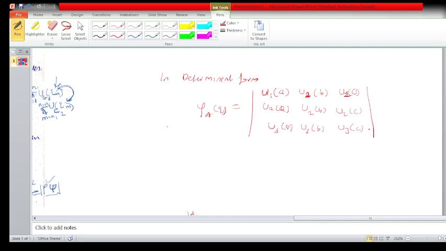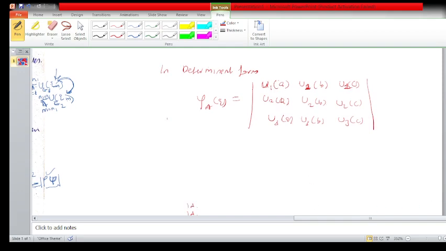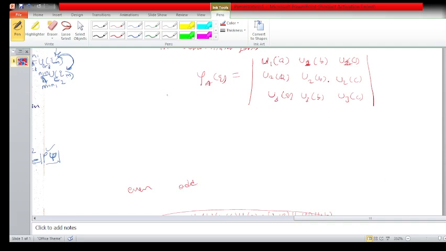So this is the determinant. Now if you calculate this determinant, that will give you the same expression for the antisymmetric wave function that we have written earlier.